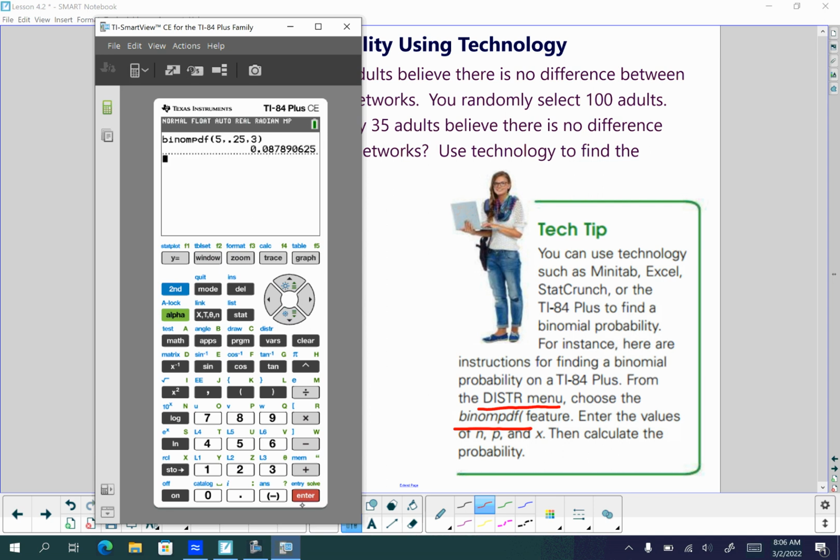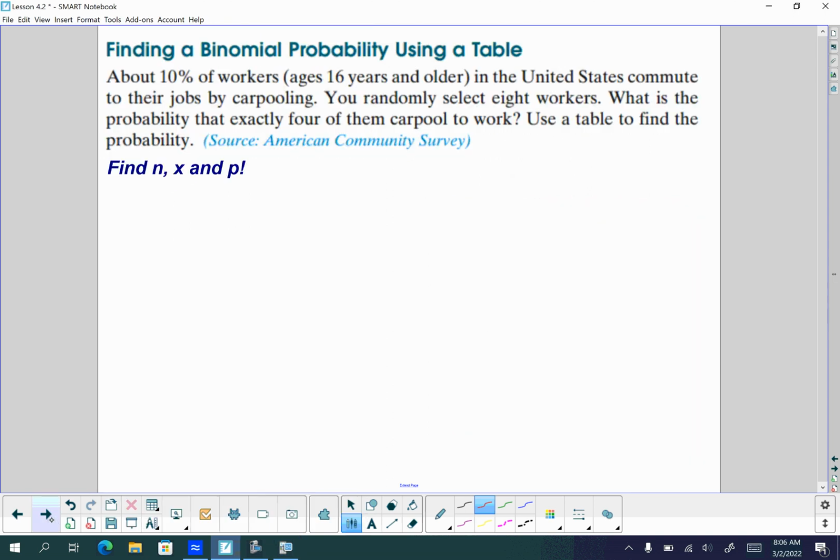Paste it in, and there's our probability. Okay, so that can just skirt around the actual formula itself if you have your calculator, or if you want to check your answer if you're doing your math. Okay, make sense? Great. Okay, so we'll just skip over this one because we did one of those already.